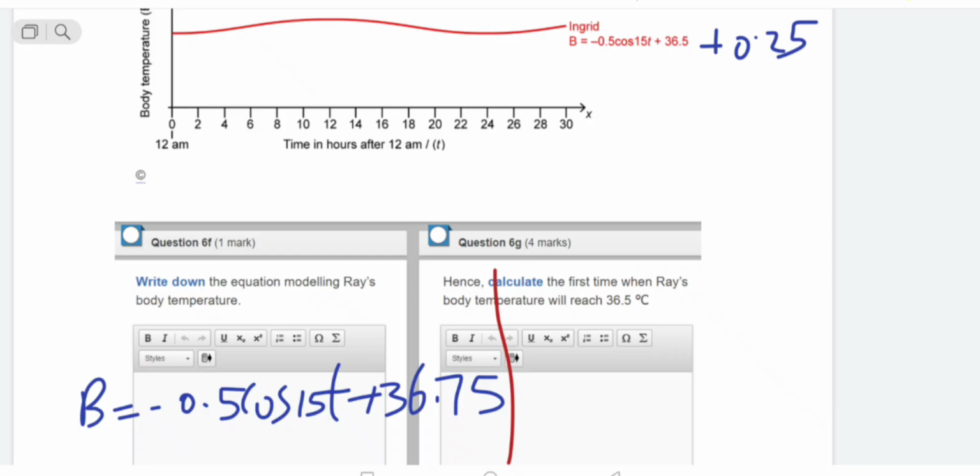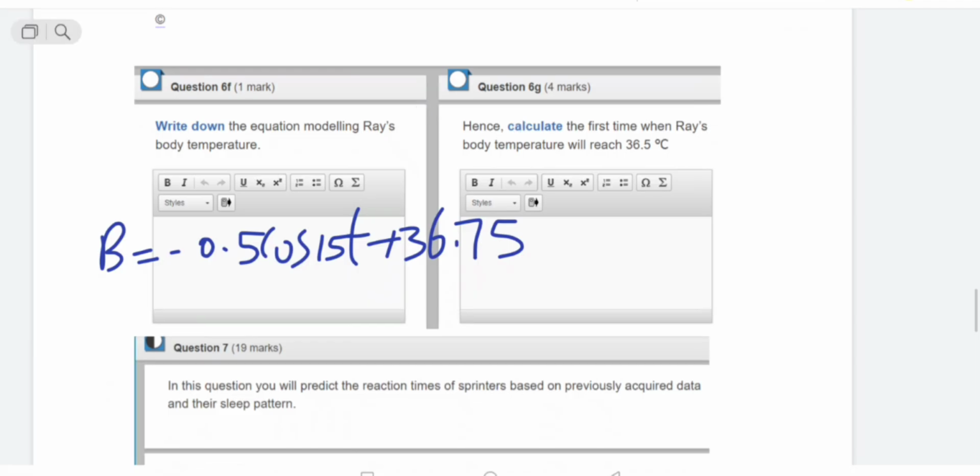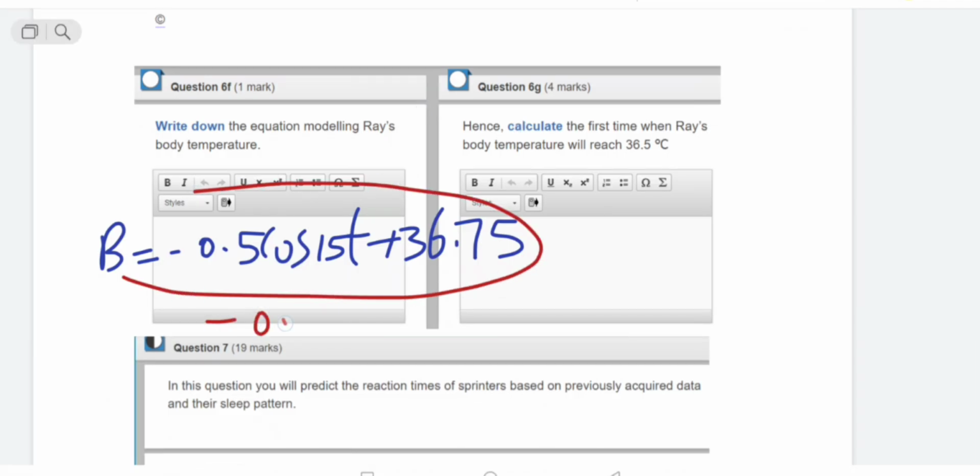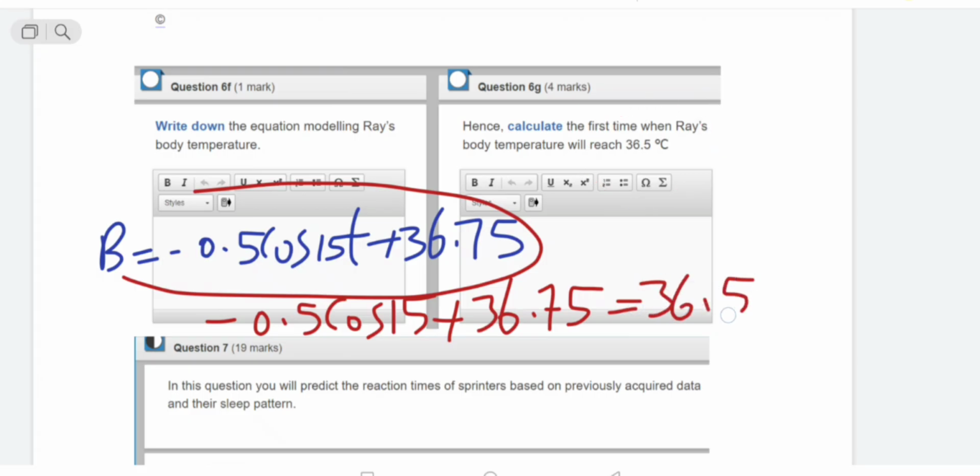Minus 0.5 cos 15t plus 36.75 should be equal to where it reaches here, 36.5.